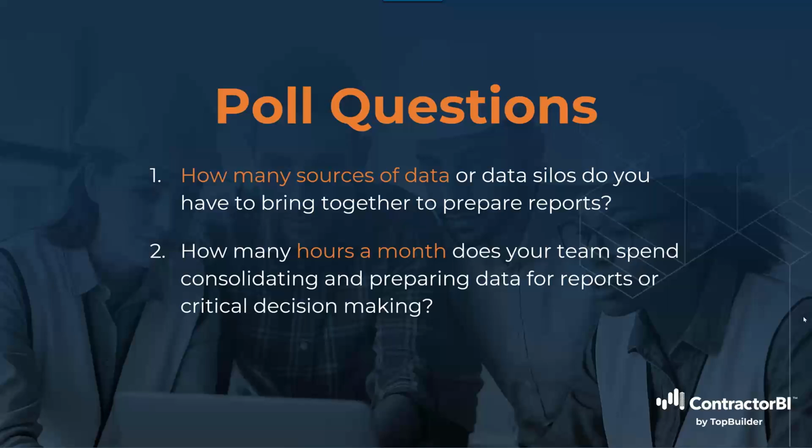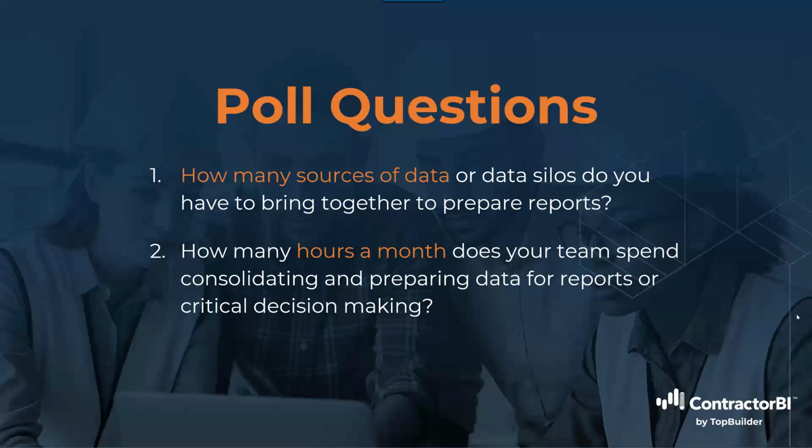I'm going to wait for more answers. Okay. So I'm going to go ahead and close out the poll. It looks to me like an average is about 4 different data sources. So, job cost accounting, project management, estimating, and maybe a source of bid invitations or something else, maybe CRM. And they're bringing all this data into one place to produce their reports every month.